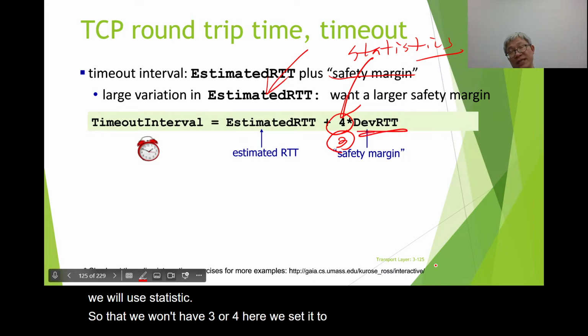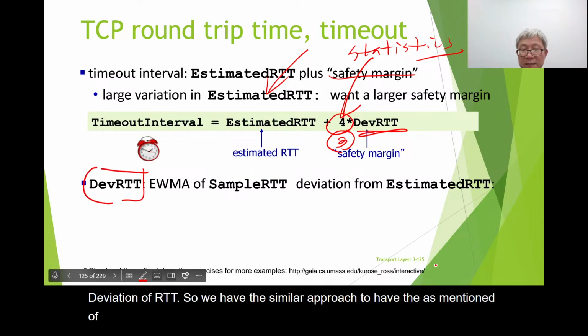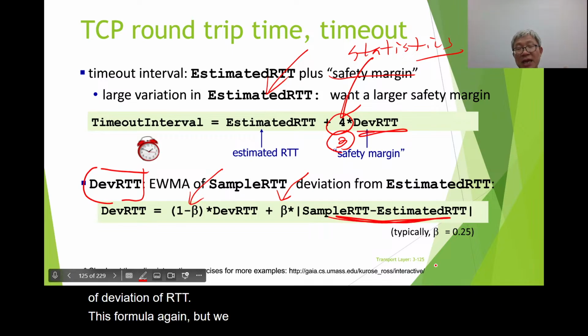The actual value we set it to is the deviation of RTT. So we have a similar approach to estimate the deviation of RTT. This formula again, but we have a different weighting factor, and we have actually the difference, so that we have the deviation.